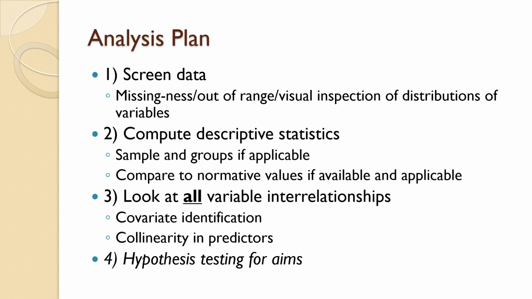Probably it would be reasonable to try to go to the literature and look for normative values on the mindfulness measure in both normal, I'm doing air quotes, normal populations and possibly in alcohol use disorder populations. Same thing for that treatment response or recovery variable, right? It would be interesting to go to the literature and see, if you sample a group of alcohol use disorder patients out of the population of alcohol use disorder patients that theoretically exists out there, what is the average level of recovery that they're at?